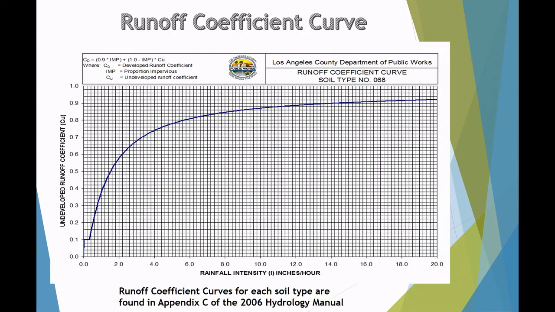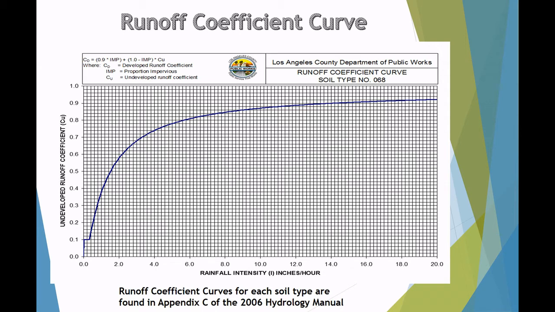LA County has identified 179 soil types. Runoff coefficient curves corresponding to each of the 179 soil types were developed based on the physical properties measured in the soil. These runoff coefficient curves represent the natural soil condition in different areas of the county, and they can be found in Appendix C of the 2006 Hydrology Manual.